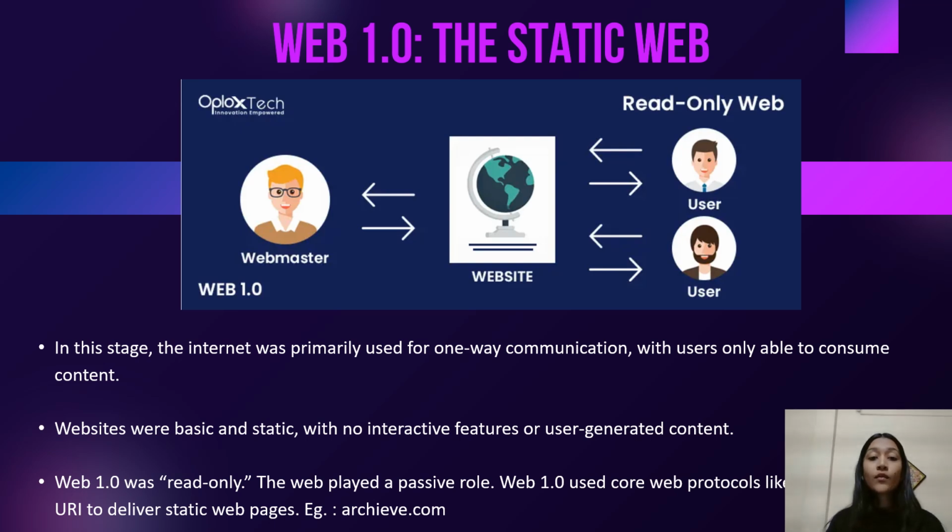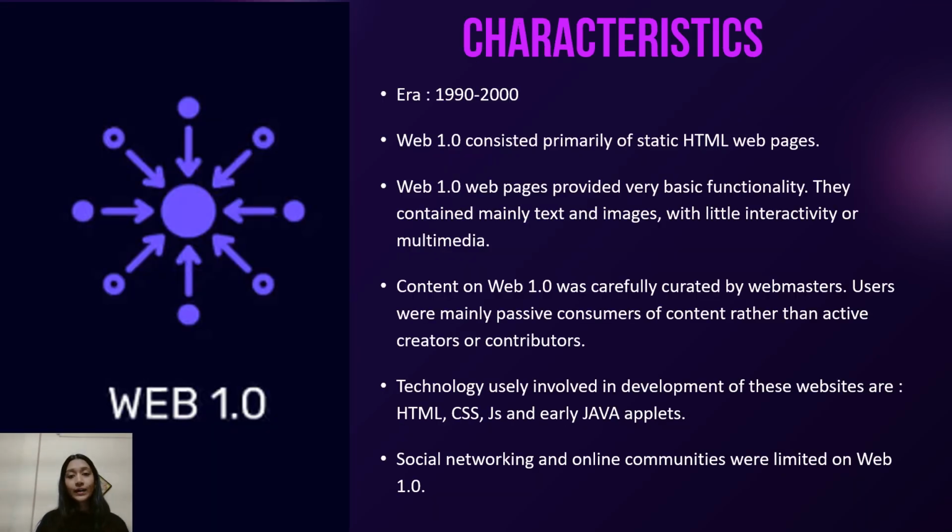That means the users were only able to read the content. That is, they were only able to consume the content, but they were not able to produce it. Therefore, it was termed read-only. It was built using HTML, CSS and HTTP. An example is archive.com.